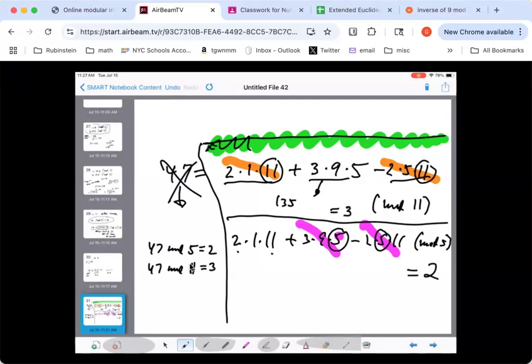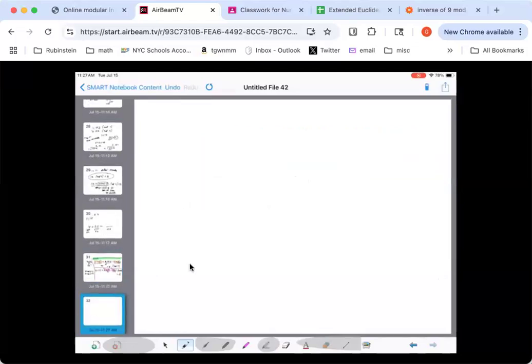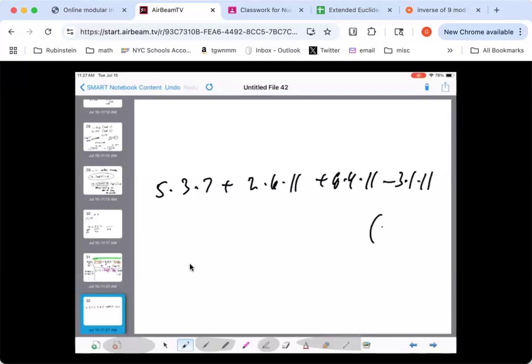But what I'm getting at is, if you ever have an expression, even if it's a giant expression, let's say it's 5 times 3 times 7 plus 2 times 6 times 11 plus 8 times 4 times 11 minus 3 times 1 times 11, and I wanted to do mod 11, I could just ignore any terms that have 11 in it.